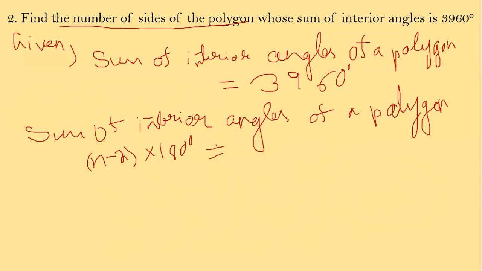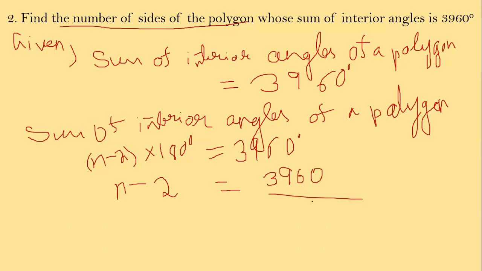This is given to us as 3960. Now how to solve this? n minus 2 is equal to 3960 divided by 180.